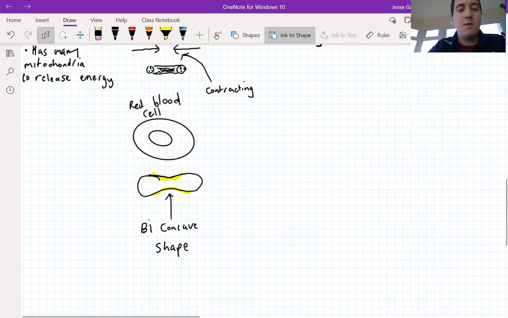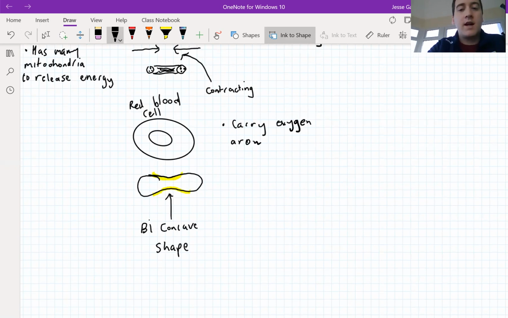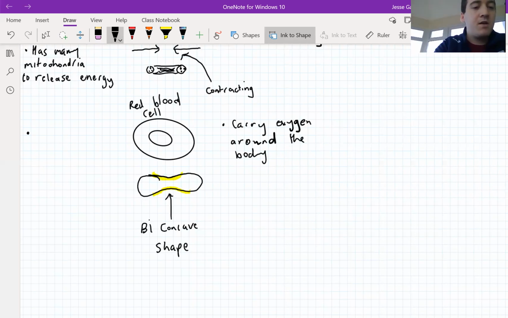Now, what is the job of a red blood cell? The job or function of a red blood cell is to carry oxygen around the body. As you can see, it is quite different from the general animal cell. So what features does it have that make it good at doing this job? Well, first of all, it's got this strange biconcave shape.